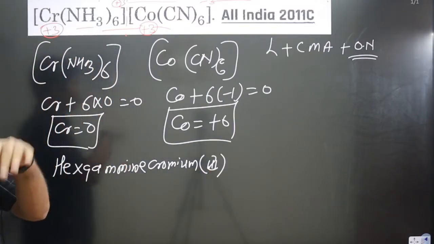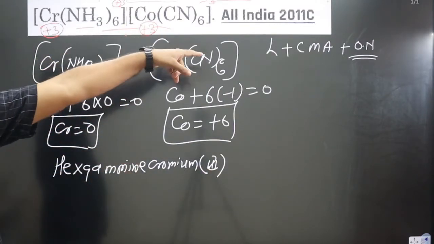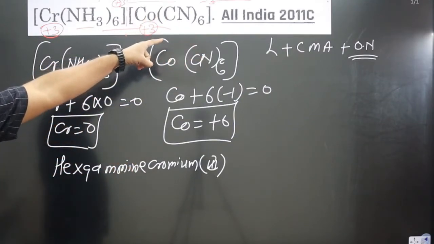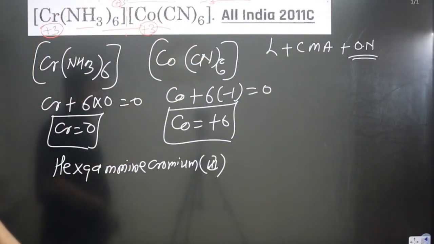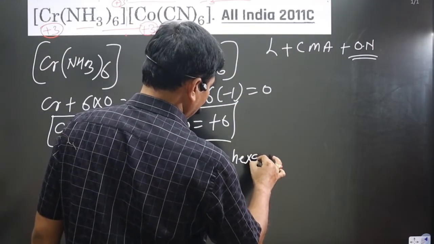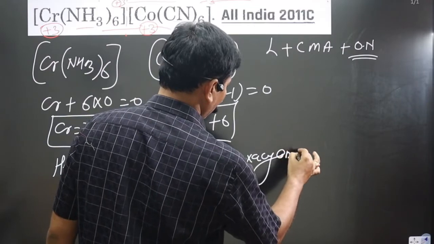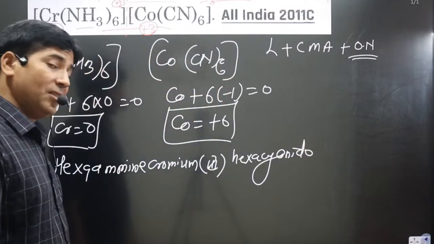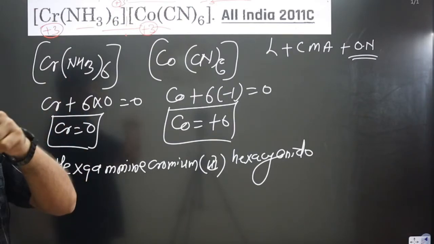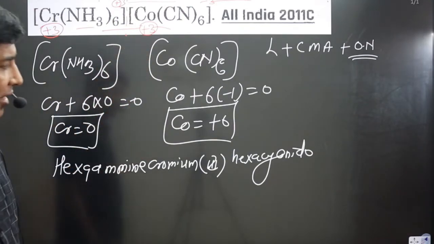Then after that we move on to the anionic complex. Again we have ligand. What kind of ligand? Cyanide ion. So we name it as cyanido. But 6 are there, so we can mention hexacyanido. Then we move on to the central metal atom, that is cobalt. We have to use a special name because it is present in the anionic complex.